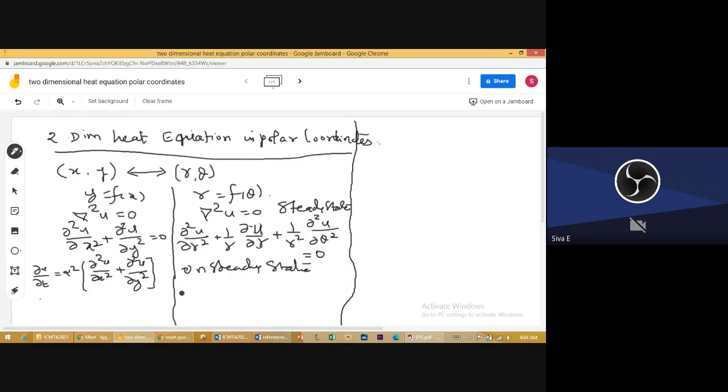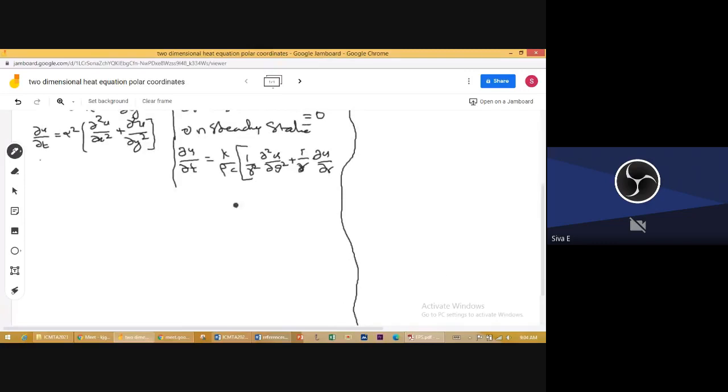The unsteady state equation is dou u by dou t equal to k by rho c times 1 by r square dou square u by dou theta square plus 1 by r dou u by dou r plus dou square u by dou r square.